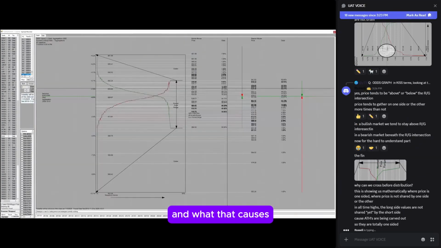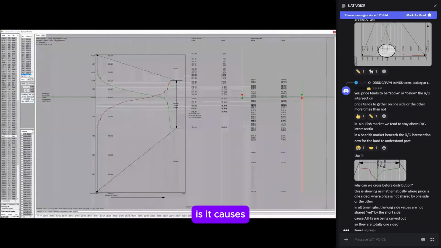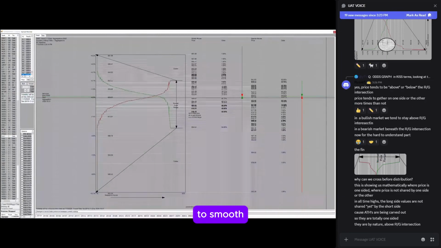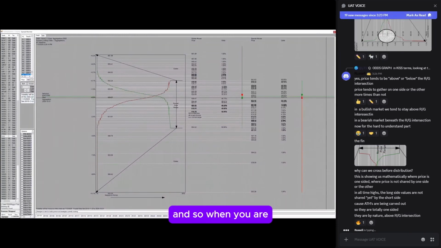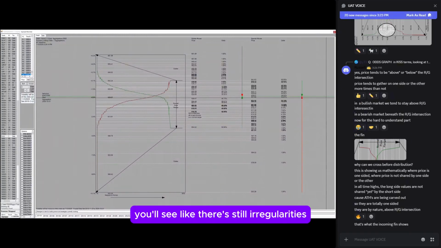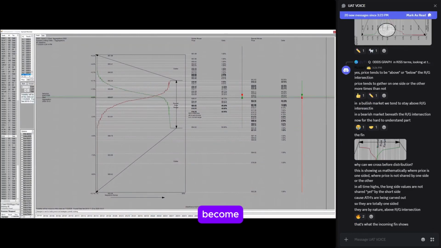What that causes, as you'll see on my screen, is that the distribution smooths into the power law distribution that we know and love. There are still irregularities there, but they become less and less monumental, less important.